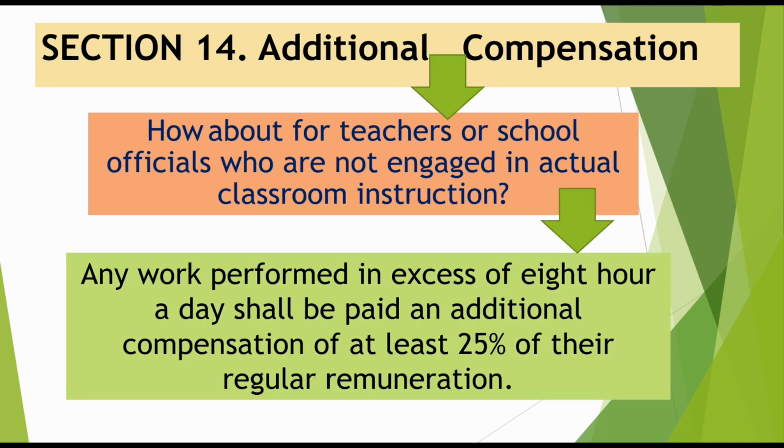How about for teachers or school officials not engaged in actual classroom instruction? Any work performed in excess of 8 hours a day shall be paid an additional compensation of at least 25% of their regular remuneration.